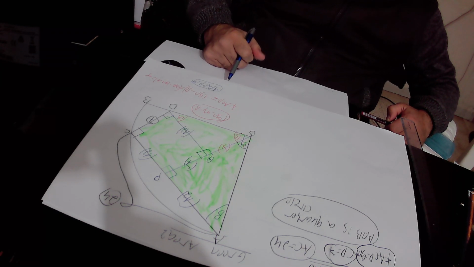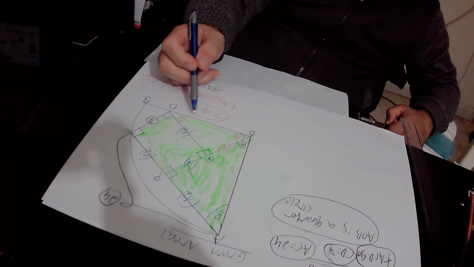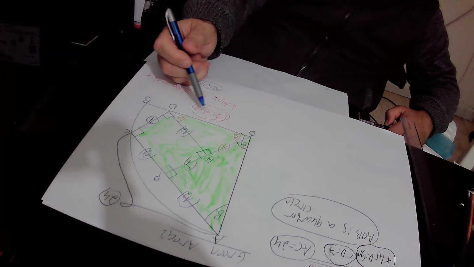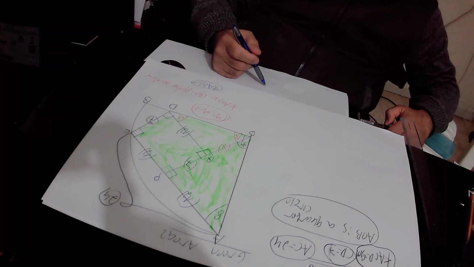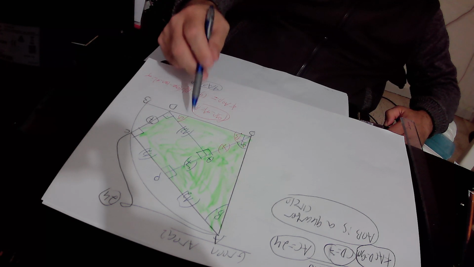In the next step, we will focus on the right triangle OQD. So I copy the right triangle OQD in a new page, and we will find out the value of tangent alpha in this right triangle OQD.